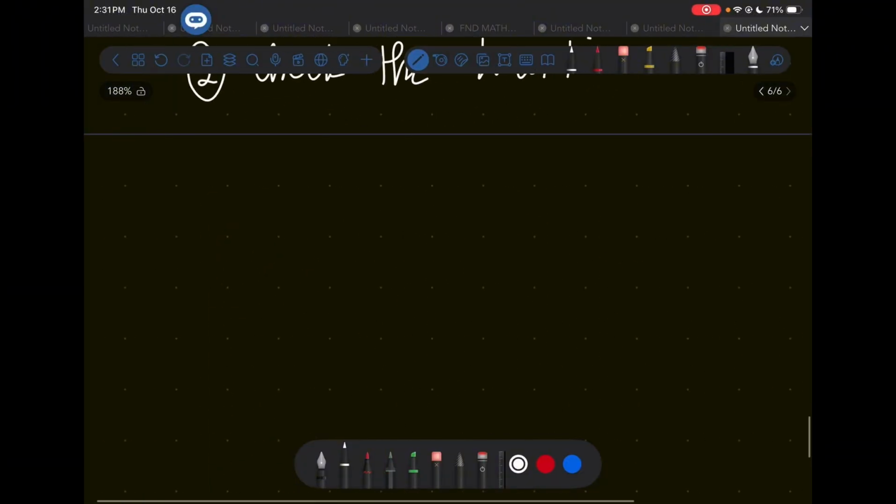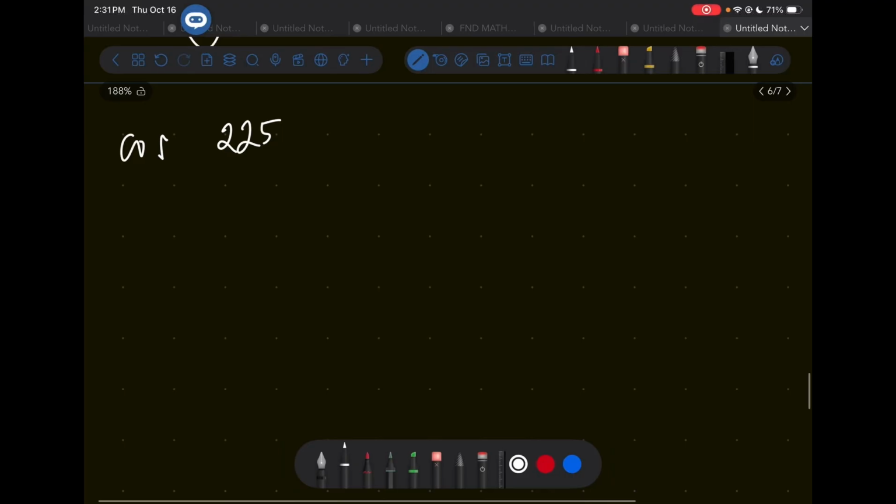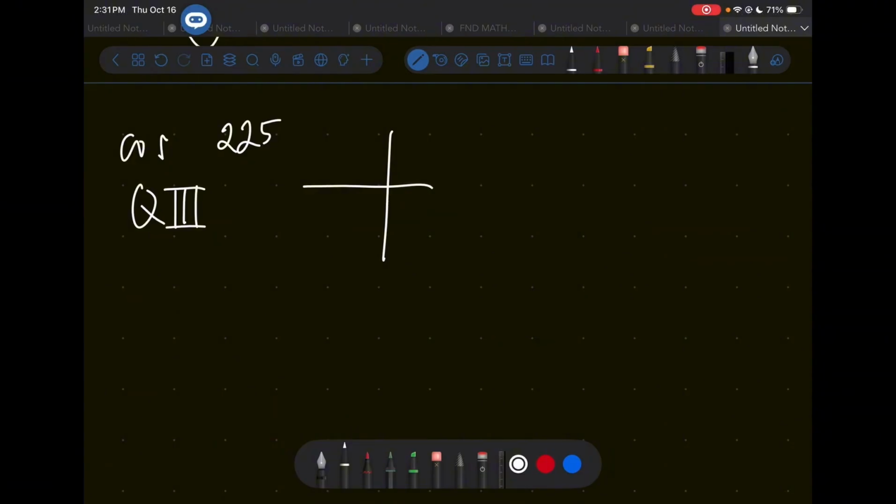So let's say we have to find cosine of, let's say, 225. Now we know that 225 is in quadrant 3, so it's over here. Now what's the reference angle? It's going to be 45, because 225 minus 180 is 45.